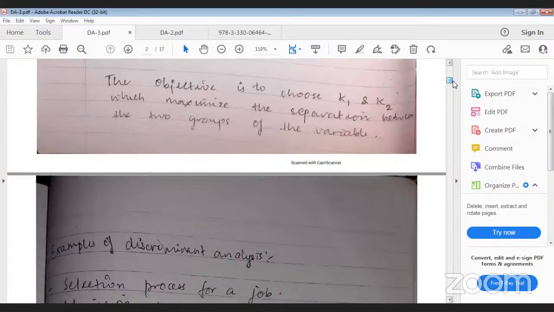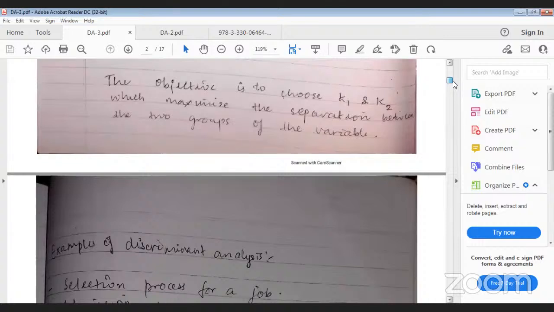The dependent variable y must be non-metric or categorical. Categorical means either-or, so there are two classifications.